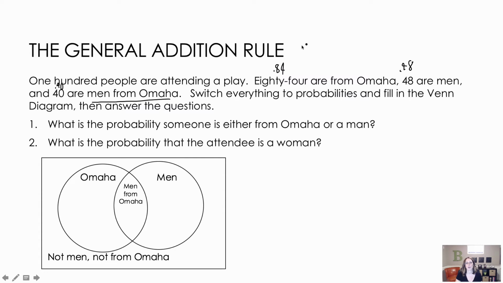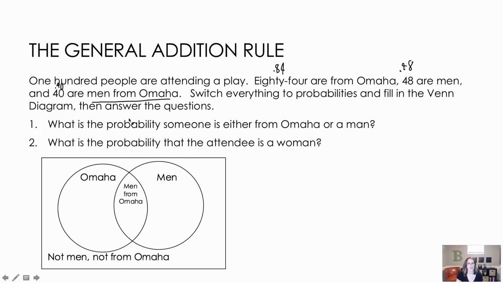Now, what you'll notice right away is, of course, if I add 0.84 and 0.48 and 0.40, that they add up to more than 1, which is not good because there's only 100 people. So we're going to switch everything to probabilities. We're going to fill out this Venn diagram together, and then we're going to be able to answer these questions.